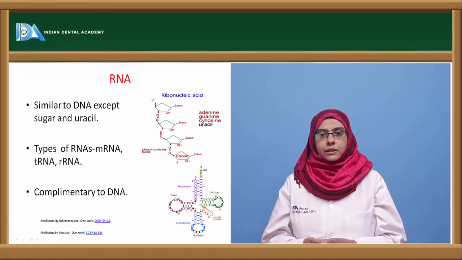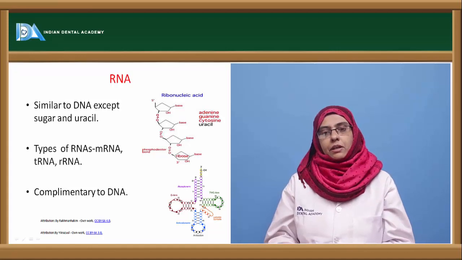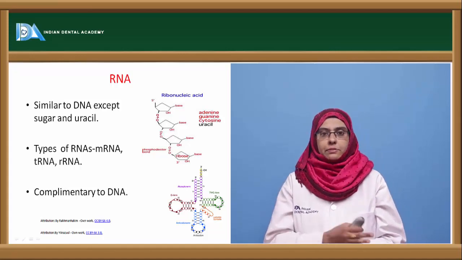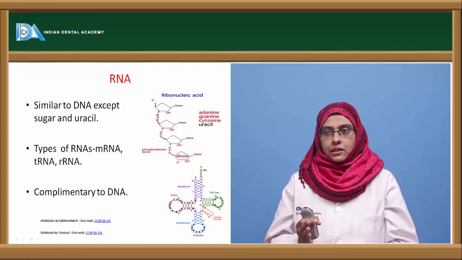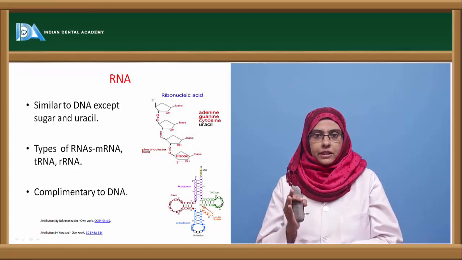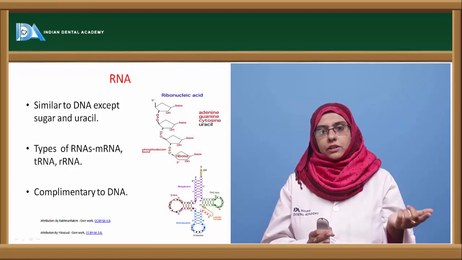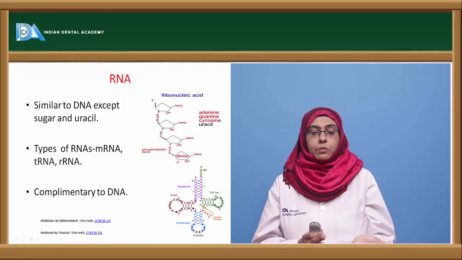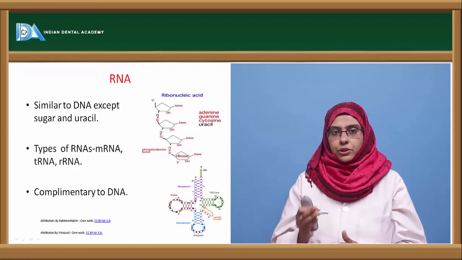Coming to the similarities and differences between DNA and RNA, RNA is nothing but a copy of a DNA, synthesized from the DNA. But there is a difference in the sugar present. In DNA it is a deoxyribose sugar, whereas in RNA it is a ribose sugar.